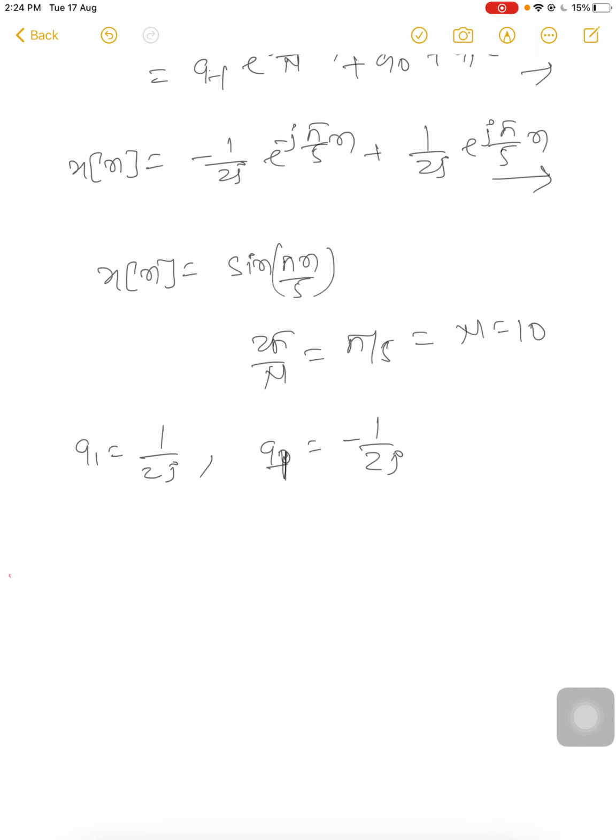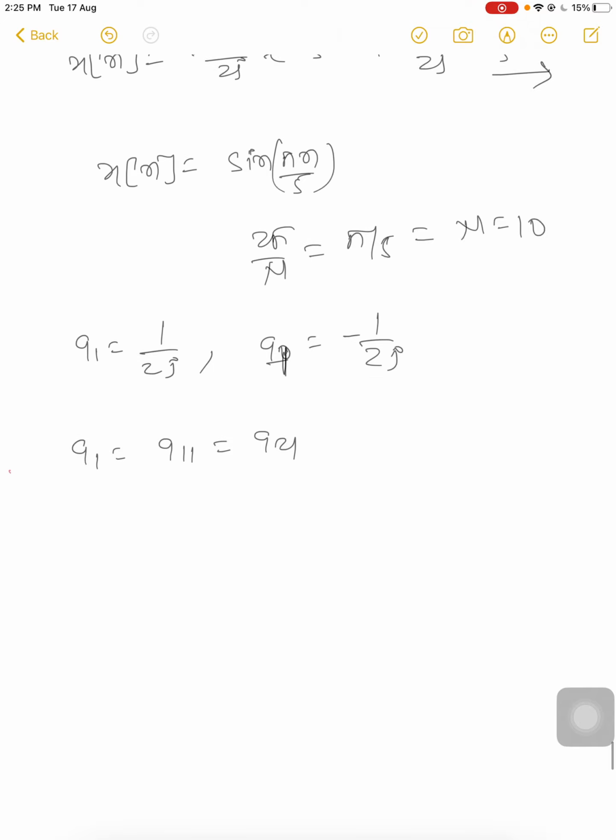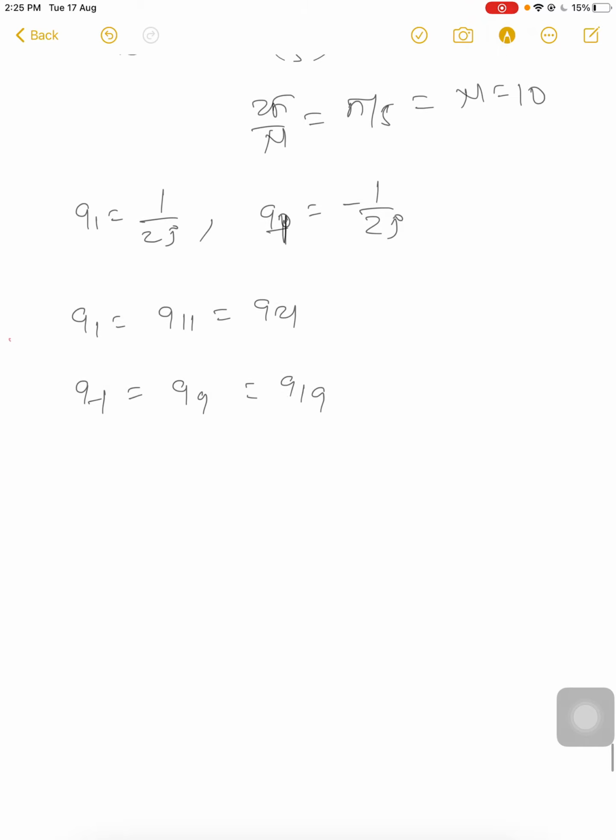Okay, so the transfer function coefficient ak also will be periodic, so period N is equal to 10. So a1 will be a11 and a21, like this way you will get, and a minus 1 will be a9, a29.